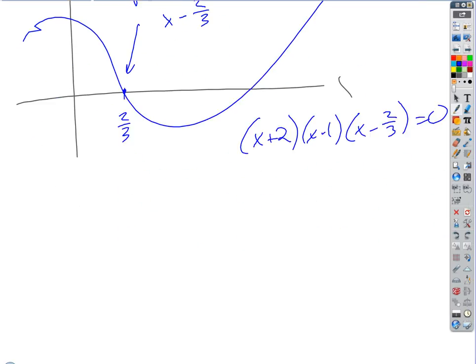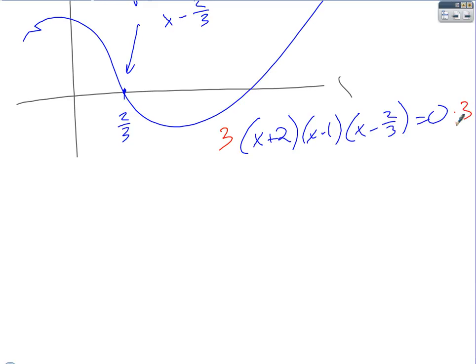Well, if I multiply each side through by 3, what's that going to do to the right side? It just stays 0. Everybody agree? That's no big deal.